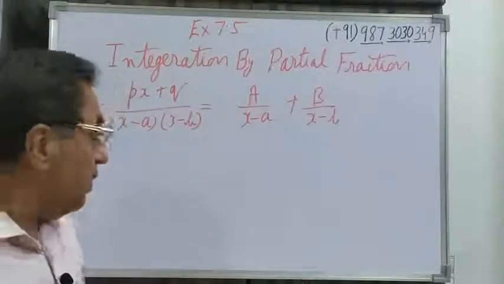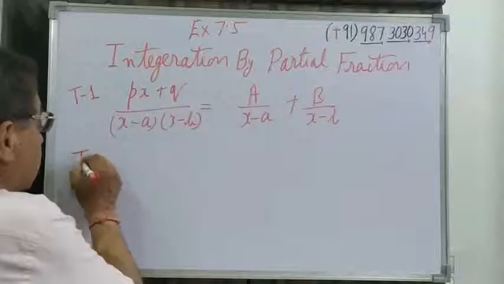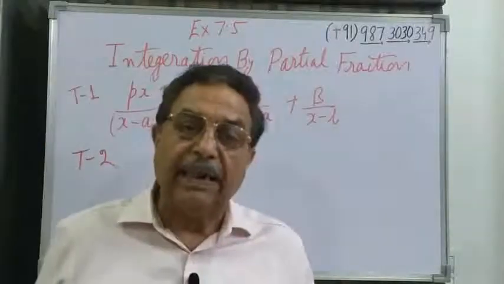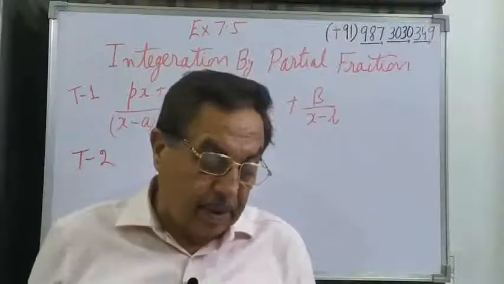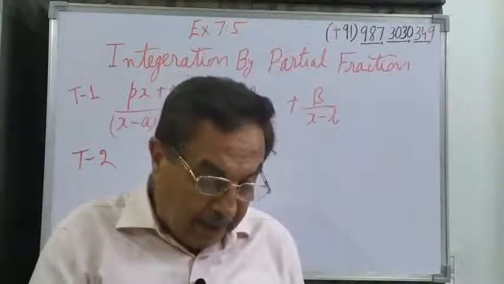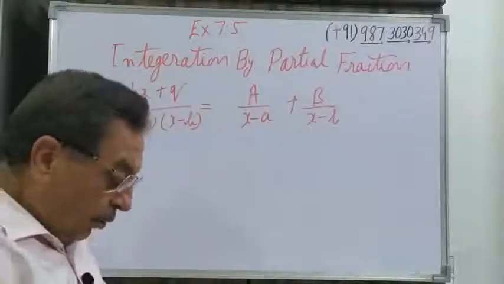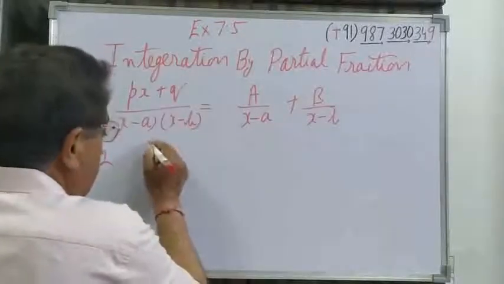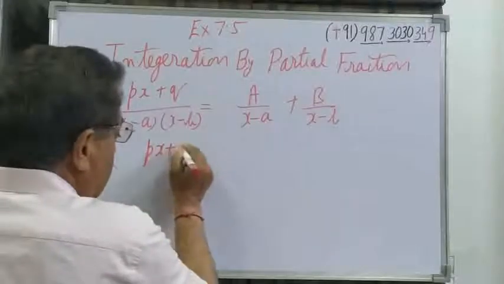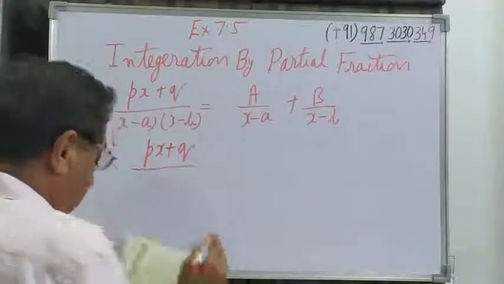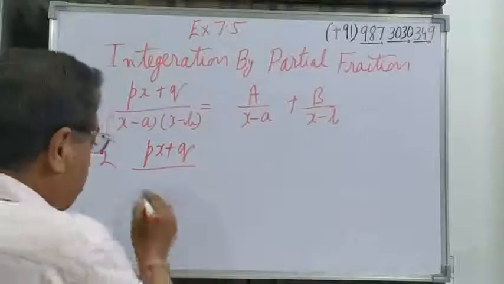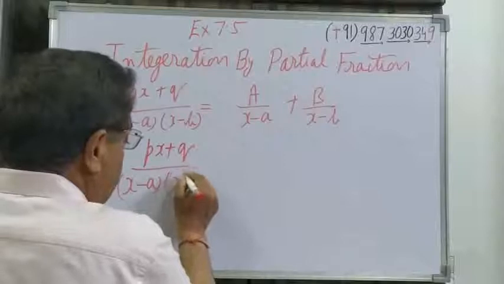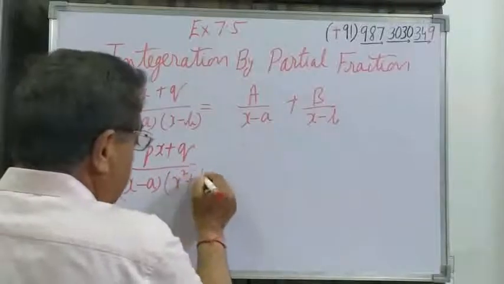This is type first. After writing all the types, I will give you an illustration for each of them. The second type: suppose we have a fraction px plus q upon x minus a into x square plus b.